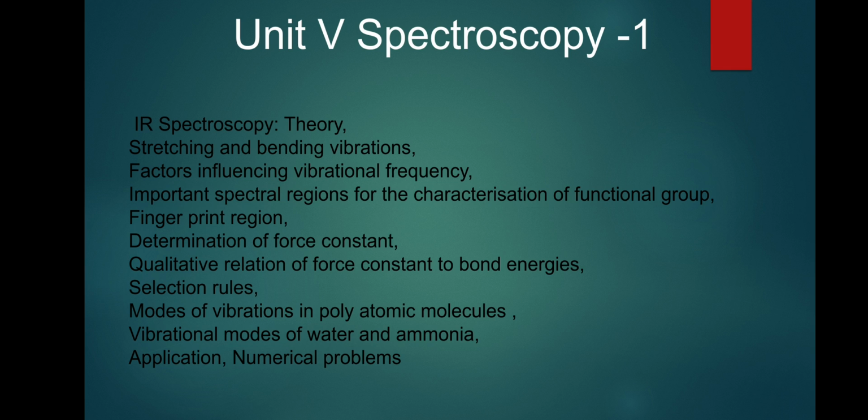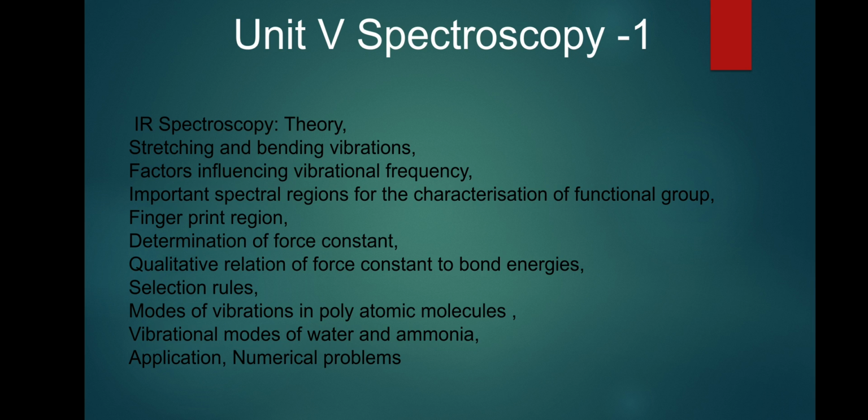Under the theory come stretching and bending vibrations, factors influencing vibration frequency, important spectral regions for the characterization of functional groups, fingerprint region, determination of force constant, qualitative relation of force constant to bond energy, selection rules, modes of vibration in polyatomic molecules, vibrational modes of water and ammonia, applications and numerical problems.